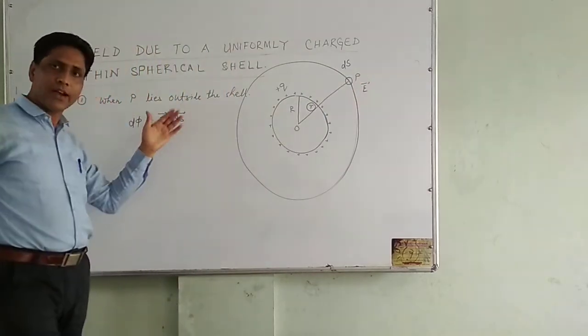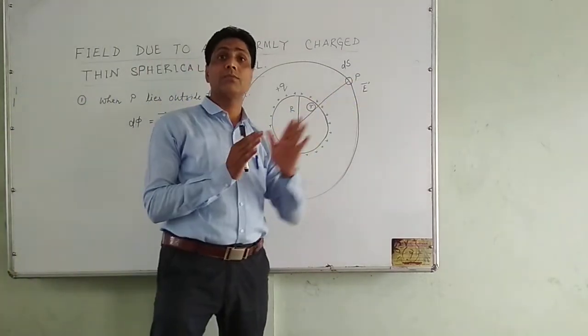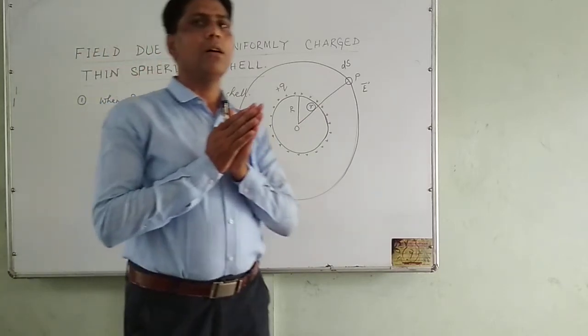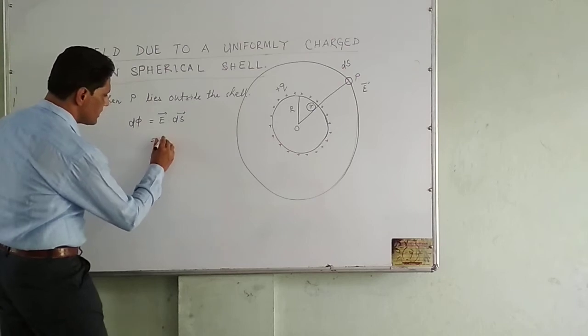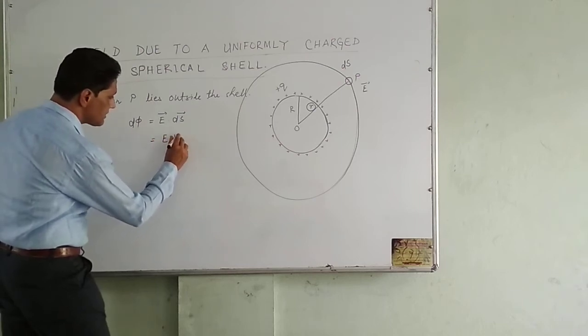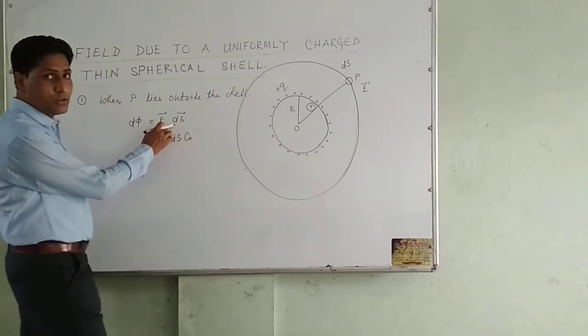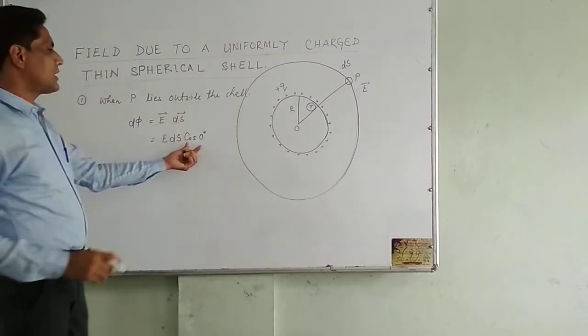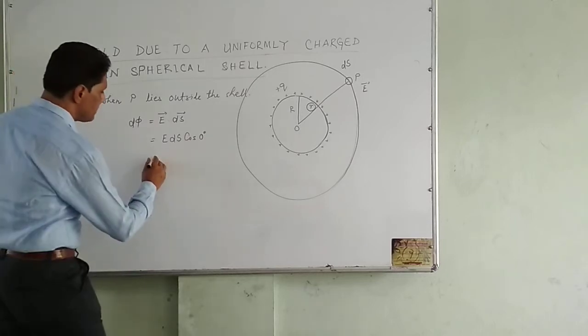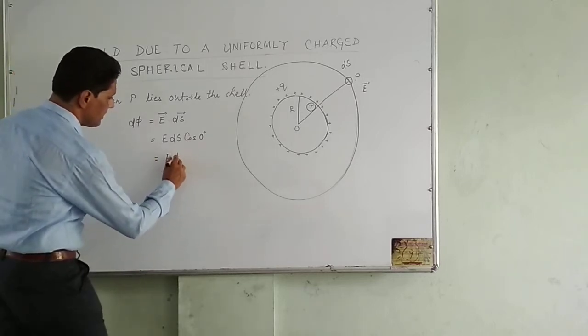Both of them are along the same direction. So we can write it as E ds cos 0, because both are in the same direction. So it is E ds.